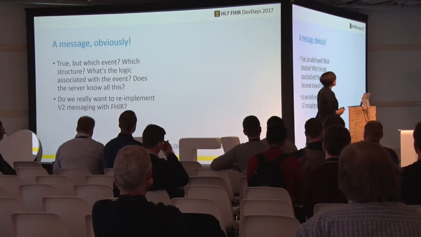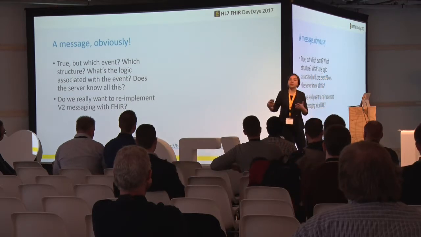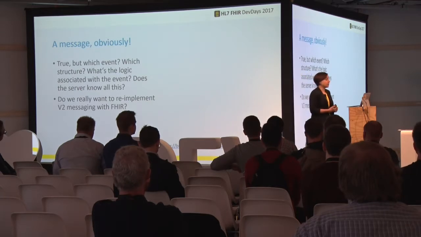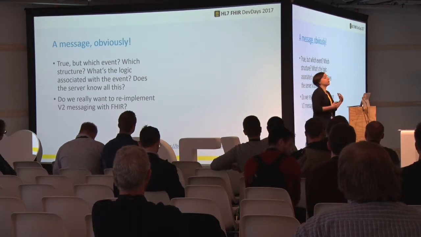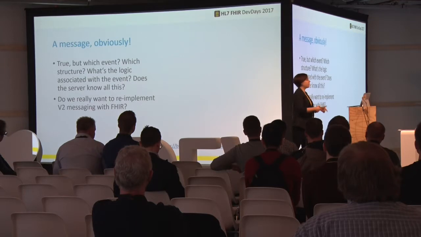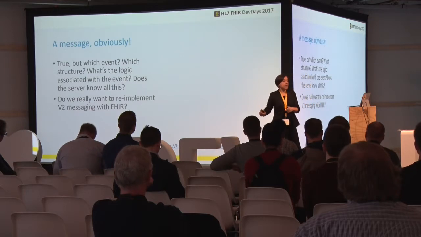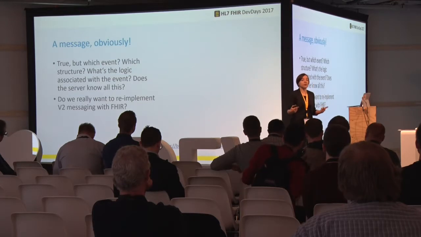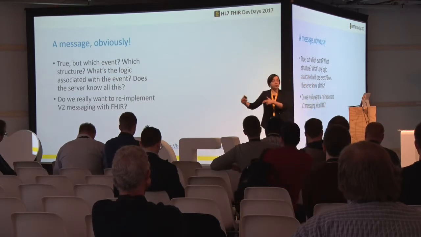However, at this point in time, we don't have any definitions of what these events could be and what the associated messages look like. And in consequence, if we were to map this V2 message to a FHIR message, we would have to define the event, we would have to define the associated message structure, and we would have to define what business logic we expect the receiving system to run through when it's processing the message.